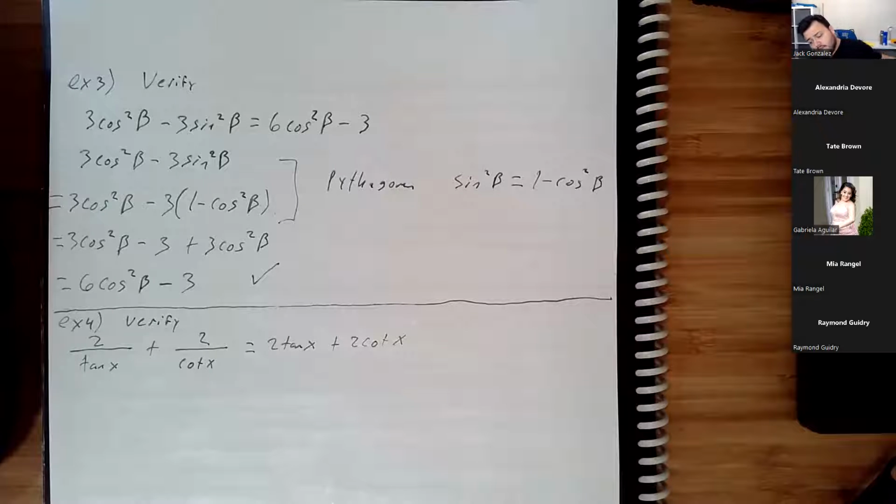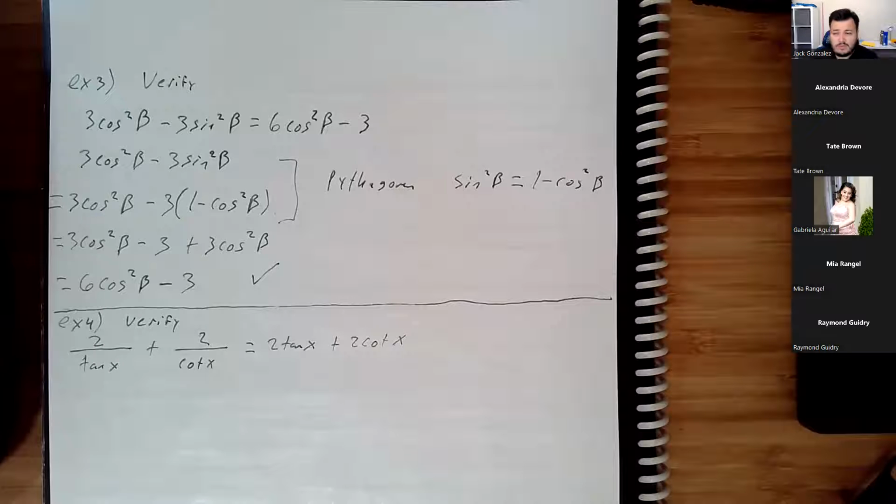All right. So number 4, which side do you think would be best to start with? Yeah, the left side looks kind of annoying, right?